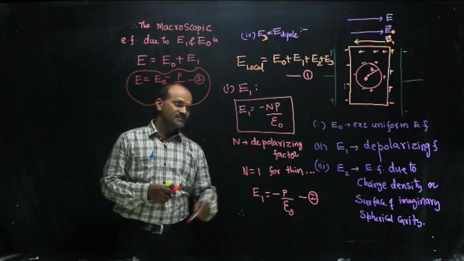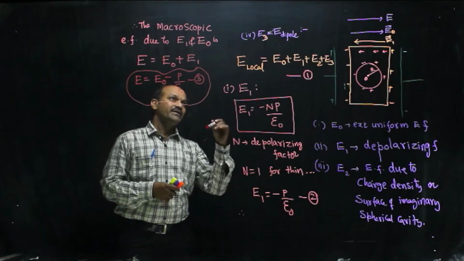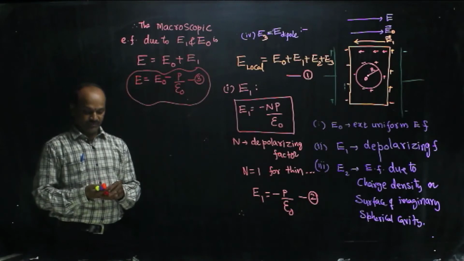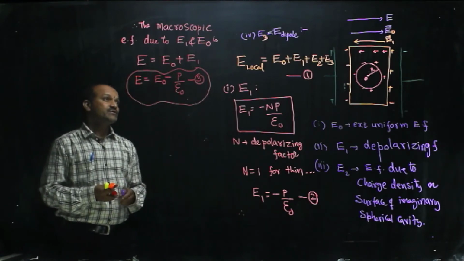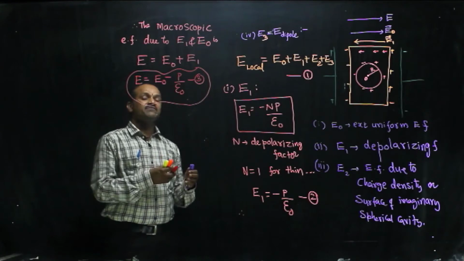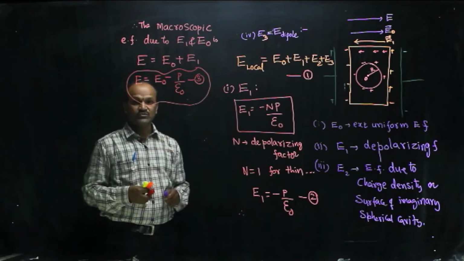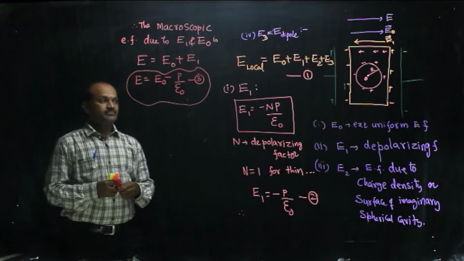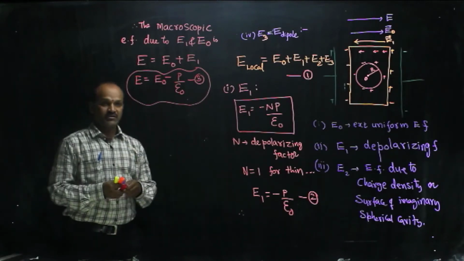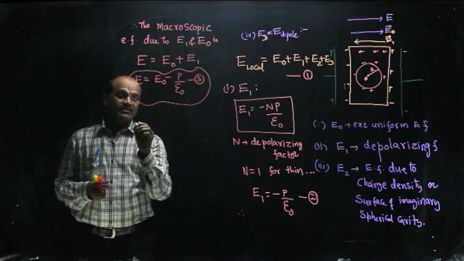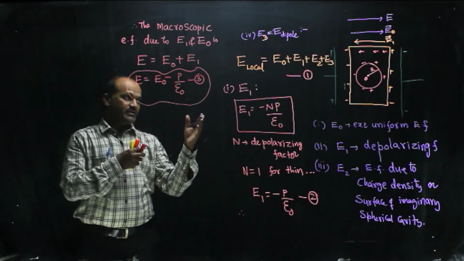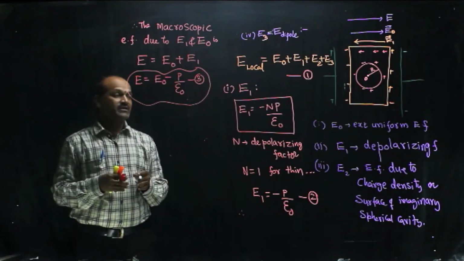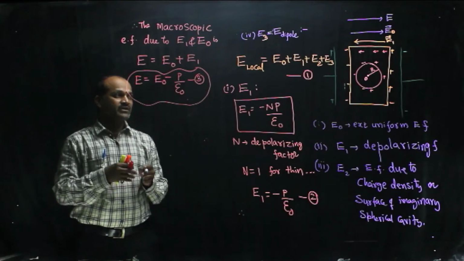So remaining are E2 and E3. Let us see E3 first, then we'll go to E2. In the E3 case, that is the electric field at O due to these dipoles, because it is symmetrical and spherical, the electric field due to dipoles at the center, because all the dipoles are equally spaced.